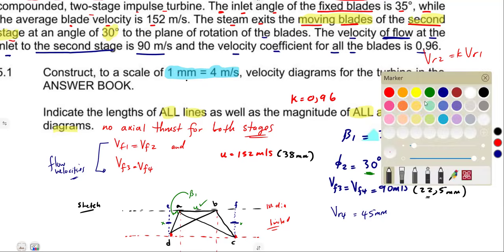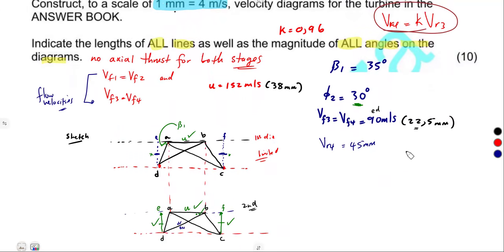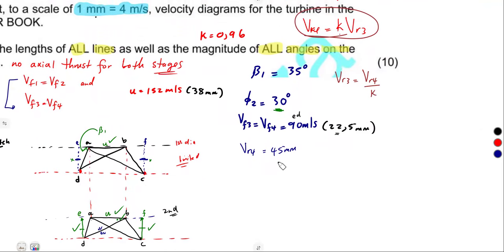As we're focusing on VR4 and VR3, VR3 is simply VR4 divided by K. So you take the VR4 that you calculated, 45 millimeters, divided by 0.96.